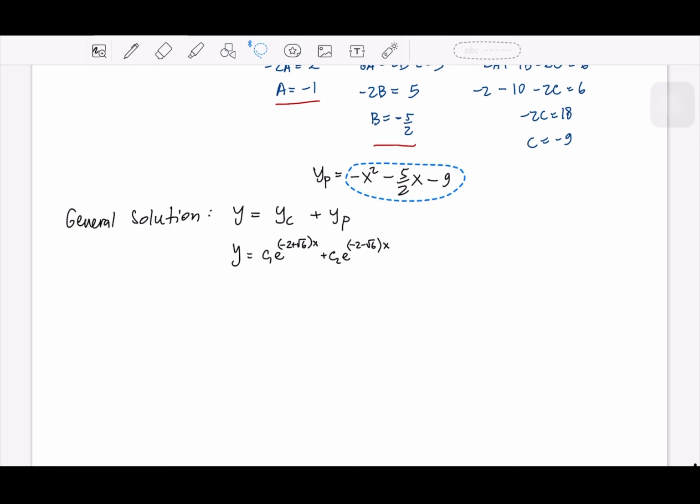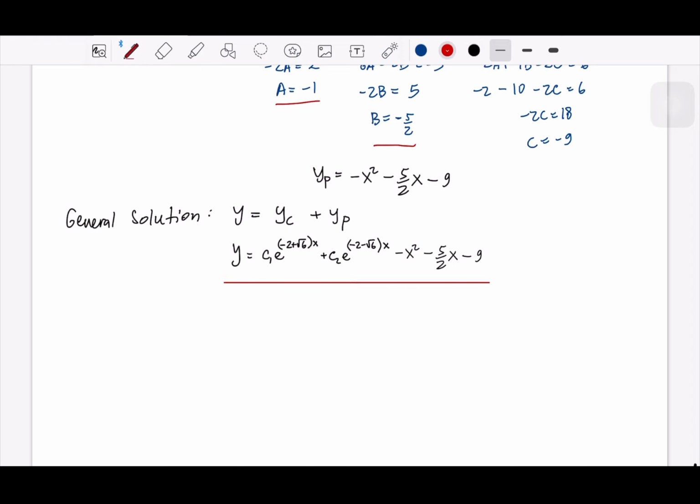So this yc, we get it from the constant coefficient.